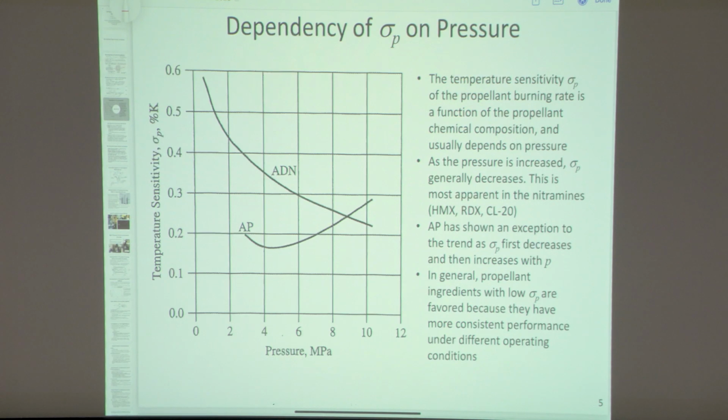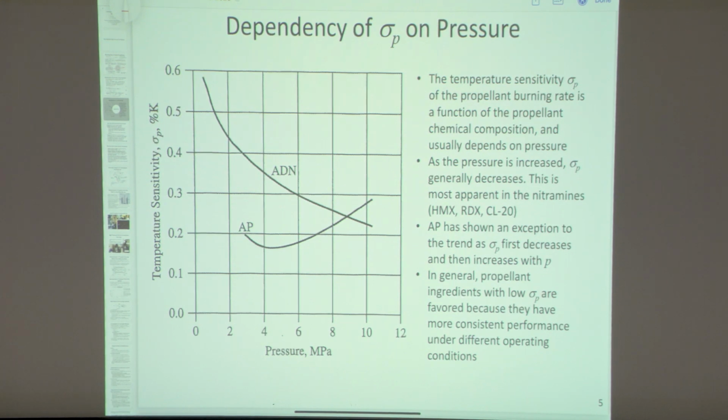I note on the right here, the temperature sensitivity of the propellant burning rate is a function of the propellant chemical composition and usually depends on pressure. As the pressure is increased, generally the temperature sensitivity decreases, as I show here for ADN. This is most apparent in the nitramines, HMX, RDX, and CL-20.